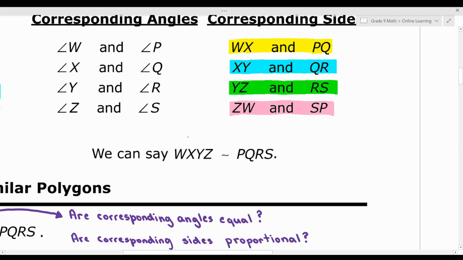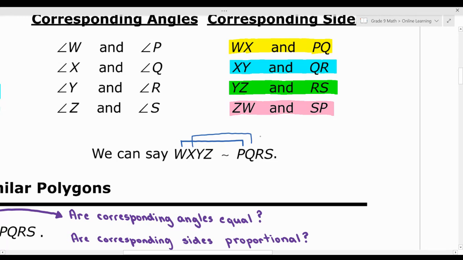The order of the letters is important because it tells you that W is connected to P. Remember, up here we said that angle W and angle P are the same, so the way this is written means that W has to match P. Angle X will match Q, as we said up here.